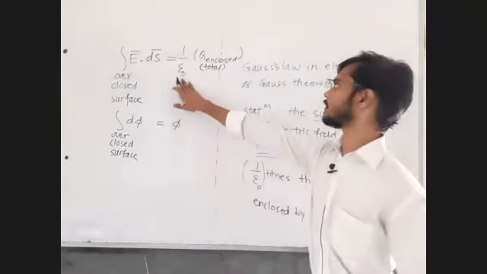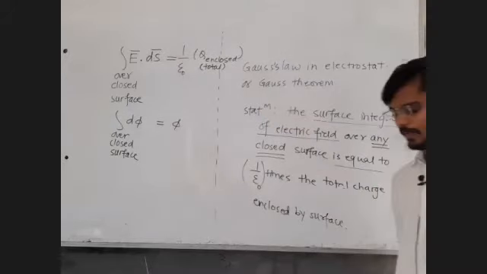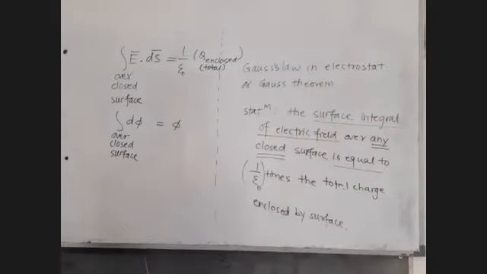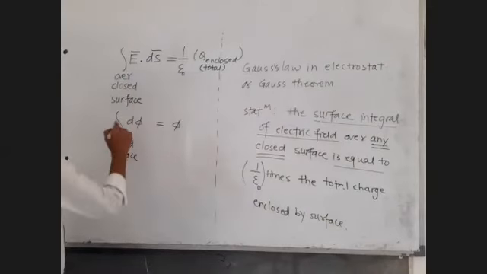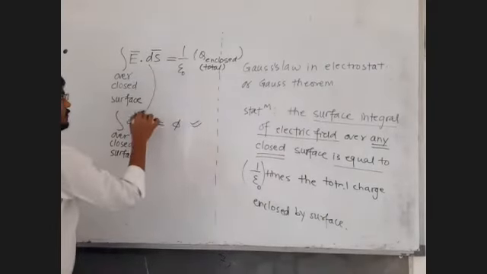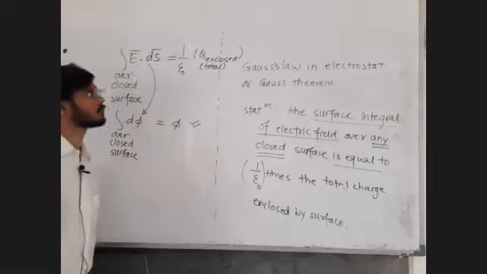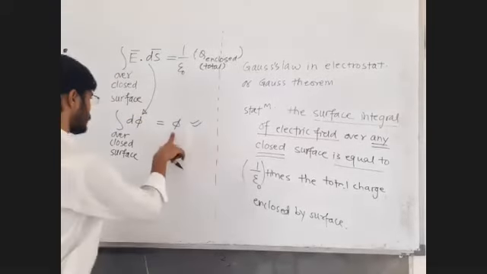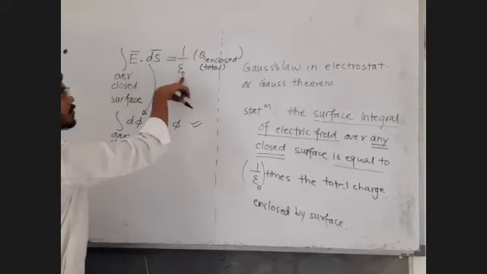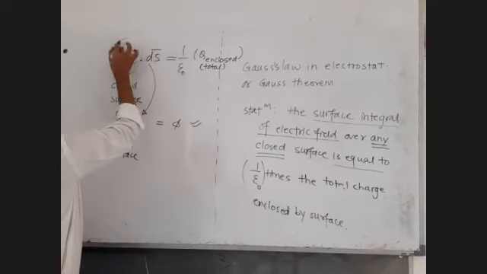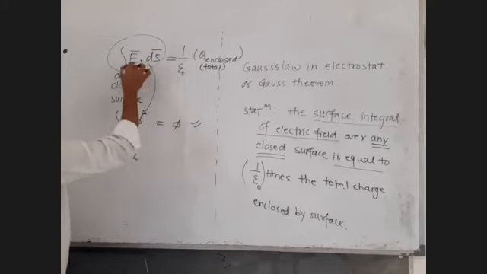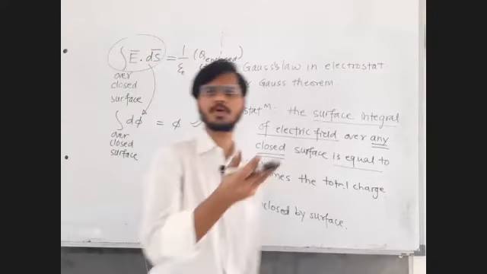Now, the same thing has been written as Gauss law. Reply me in the chat box, clear and written. We know this and this, and we have just figured out how to find total flux over a closed surface: charge enclosed upon epsilon. They are not saying total flux, they are saying surface integral of electric field.